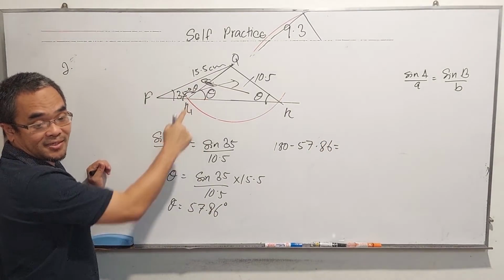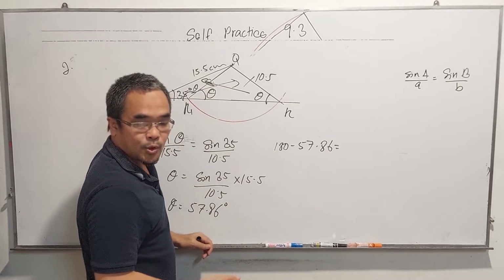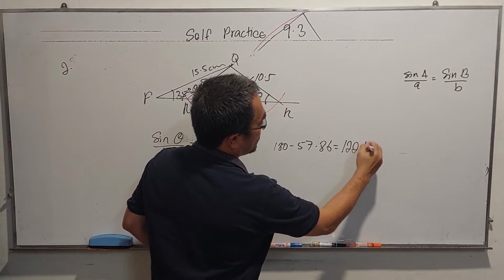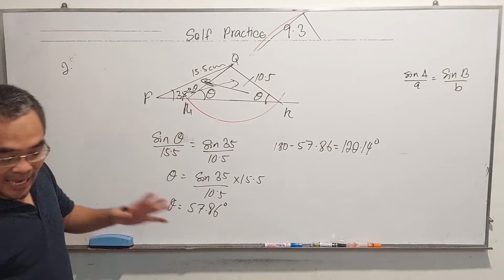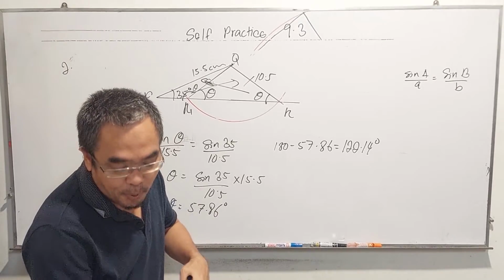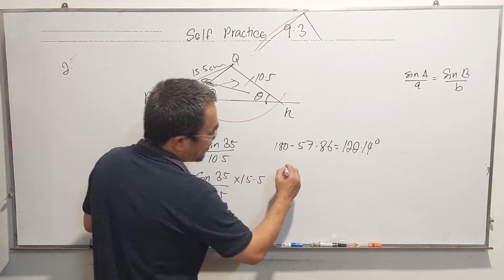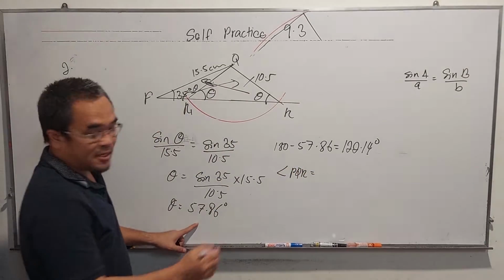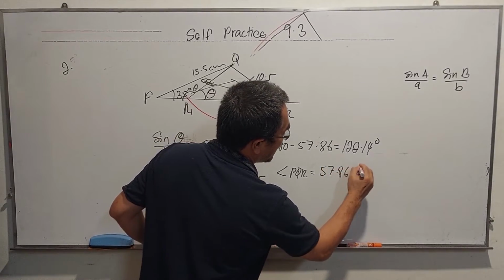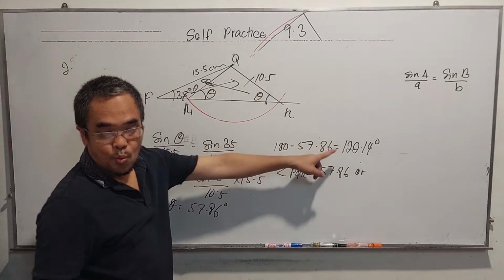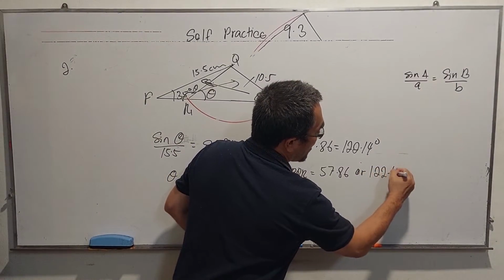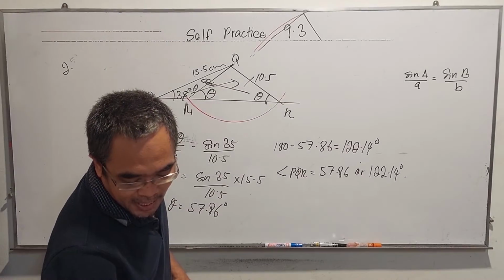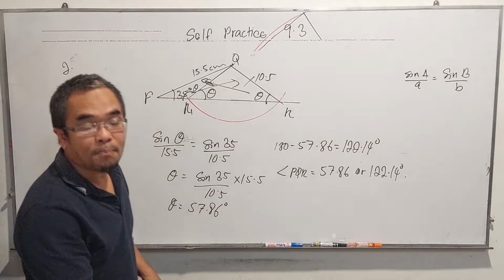Because this is beside this. So what is the value? 132.14 degrees. So in case they're asking where the possible values of PQR, you have to say the angle of PQR is 57.86 or 122.14 degrees.